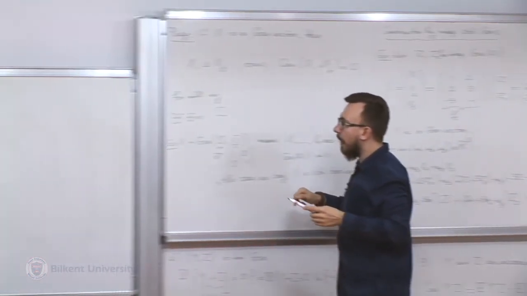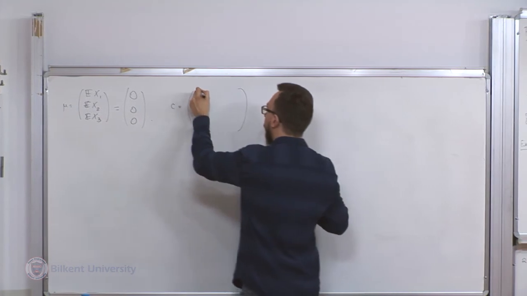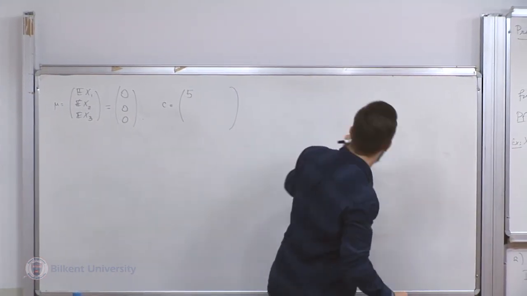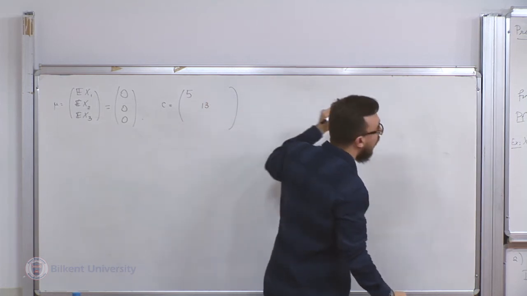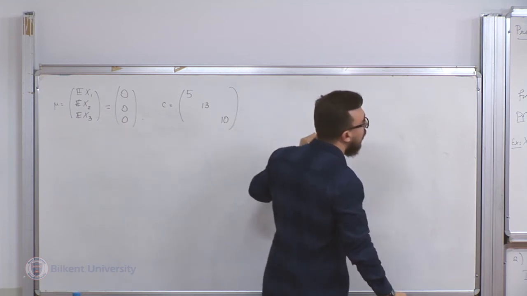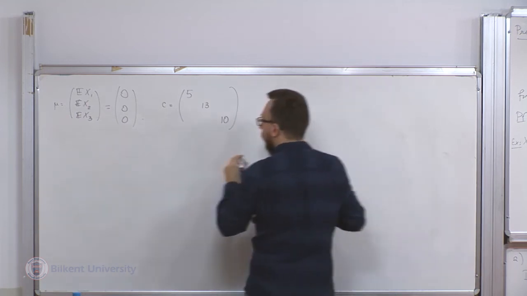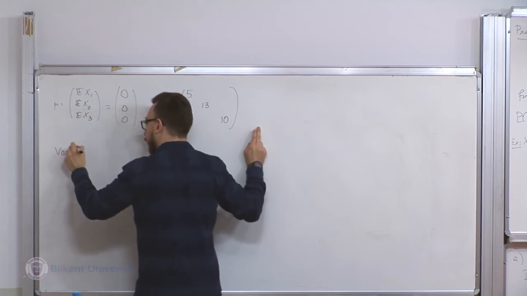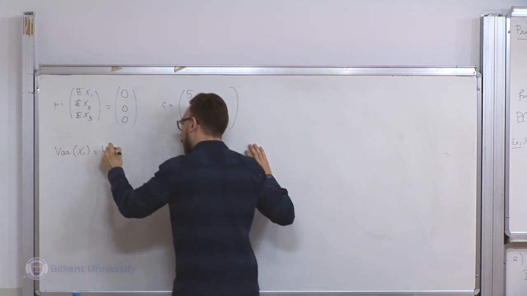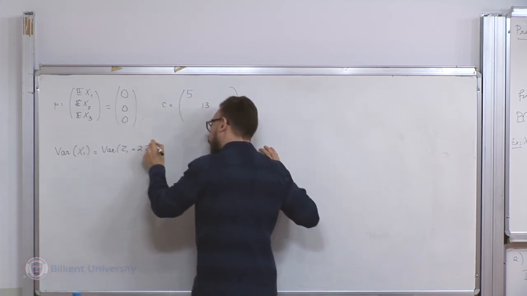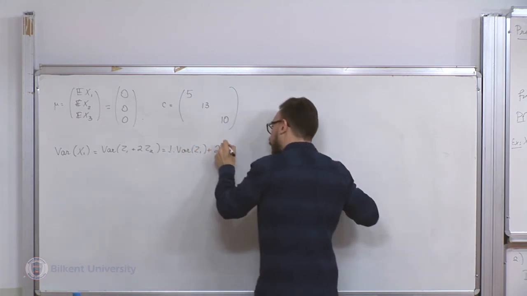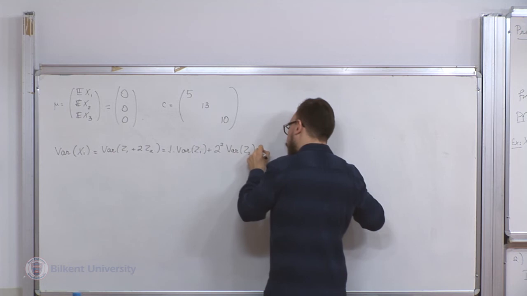So this is 5. And similarly, the others are 4 plus 9, 13, and 9 plus 1, 10. How about the covariances? Let me write something like this. So variance of Z1 plus 2Z2 is 1 times variance of Z1, 2 squared times variance of Z2. This is 5.